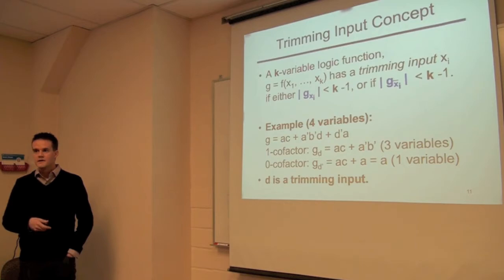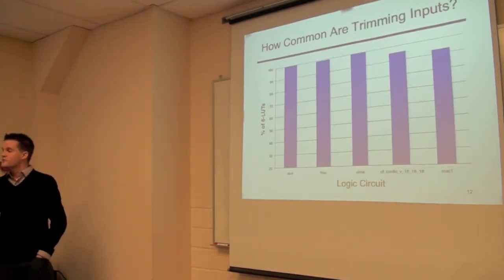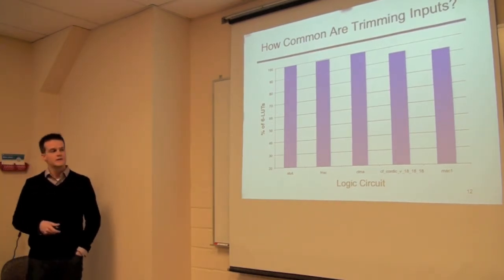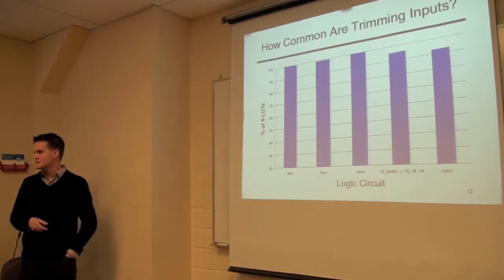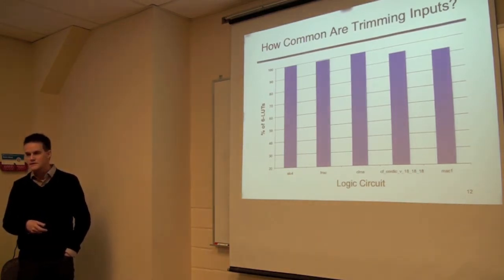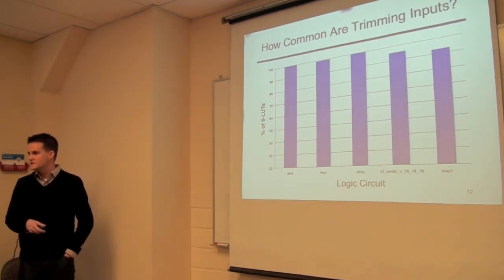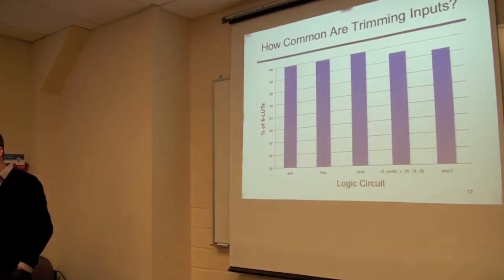Okay, so what does this trimming input concept give you? First of all, how common are trimming inputs? We actually analyzed that. On the horizontal here, you see the names of 5 circuits. On the vertical, we mapped those circuits into 6 LUTs and checked, of all the 6 LUTs, how many have at least one trimming input.